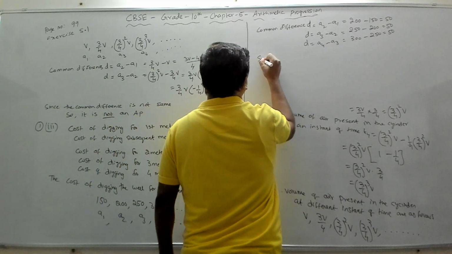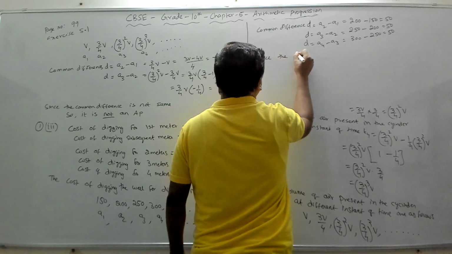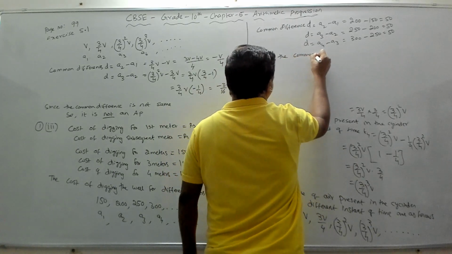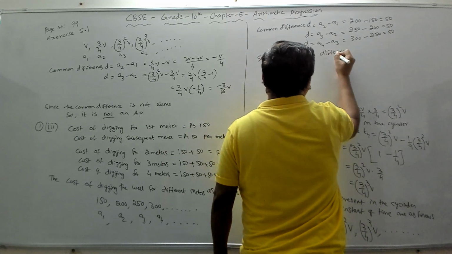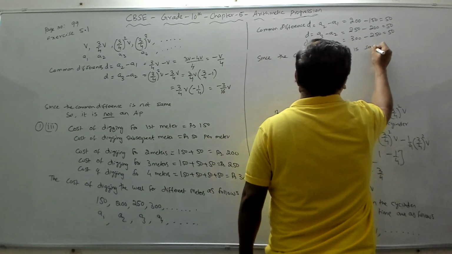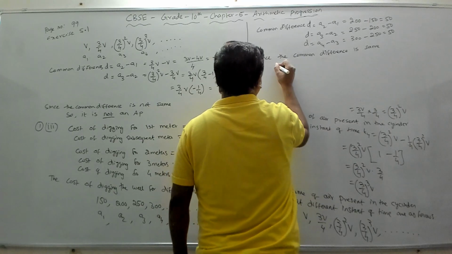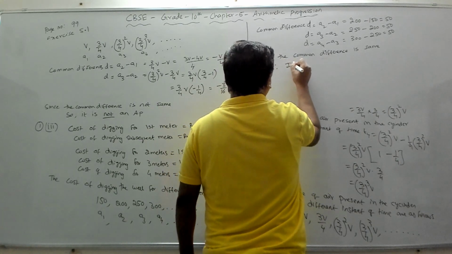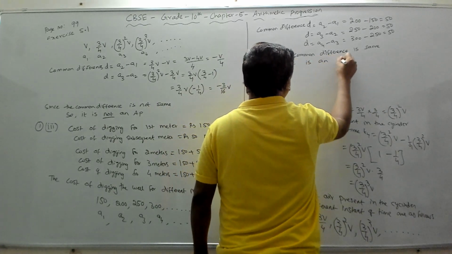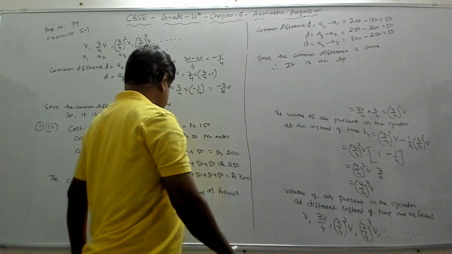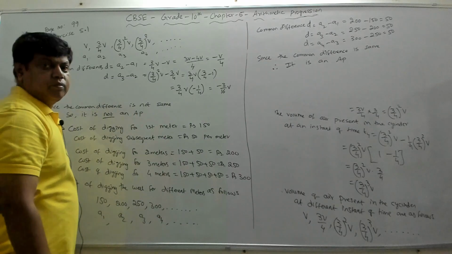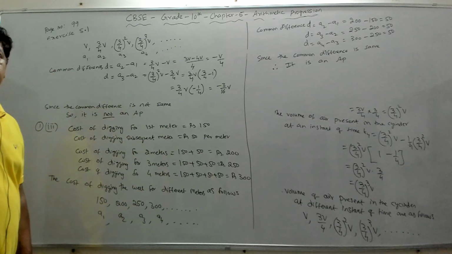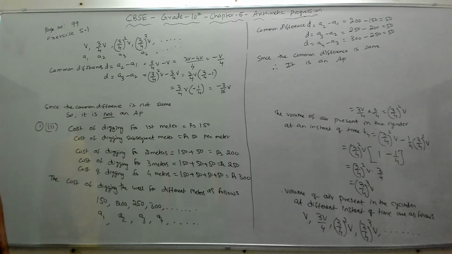So since the common difference is same, therefore it is an AP. Which means this list of numbers, they form an arithmetic progression. In short, we call it as AP.